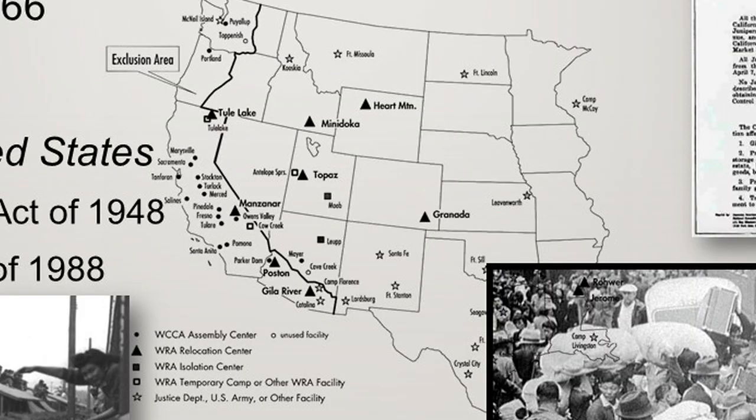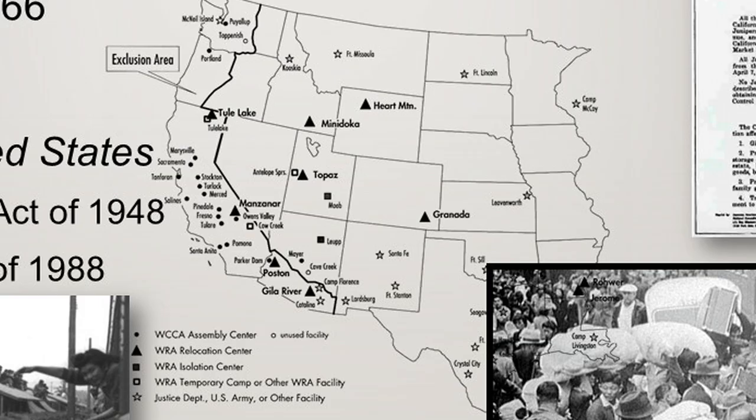Now, the difference is this. For the Japanese, we are going to intern everybody of Japanese ancestry living within about 100 miles of the coast. So all the way down from Washington down to Southern California, if you're within about 100 miles of the coast, you are going to be told to report for internment and sent to camps all over the West.